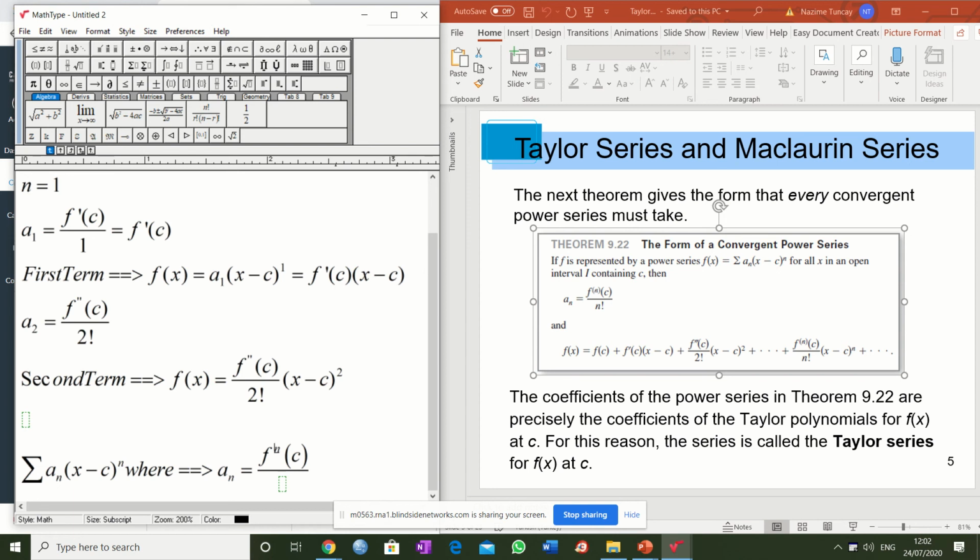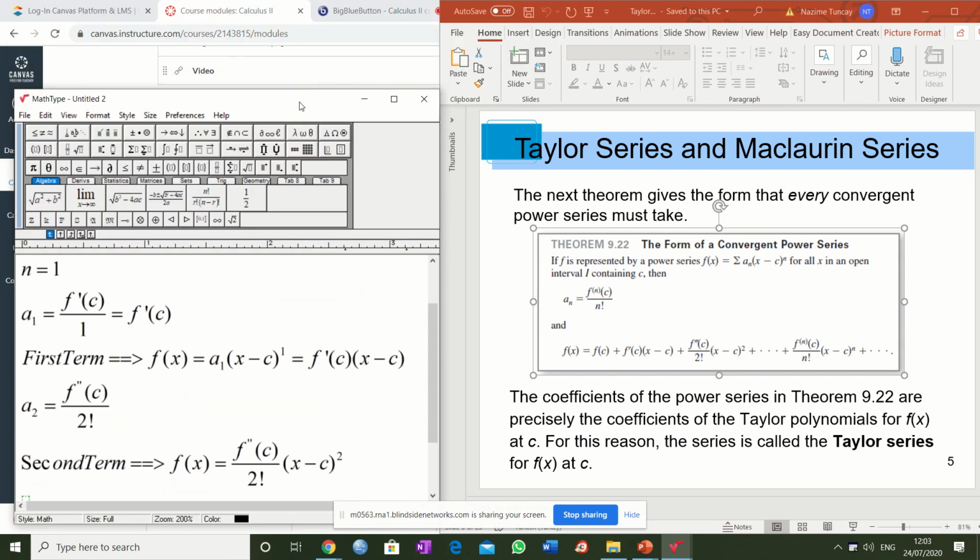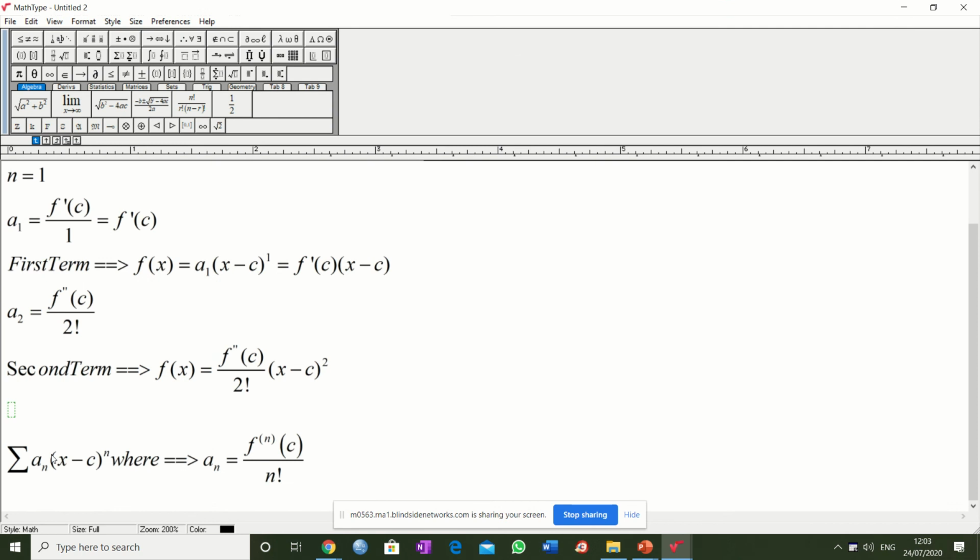When we have these brackets, it is a derivative, and when we don't have brackets, it is a power question. And here this is factorial, and when it is factorial, this series is called the power series.